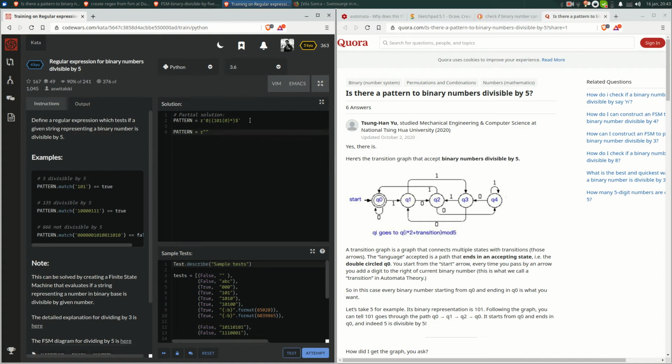Alright, so with these states, we start over here, and we can do 0 or multiple zeros, and so let's make that in groups. First is 0 or multiple zeros, and then 1, 1.